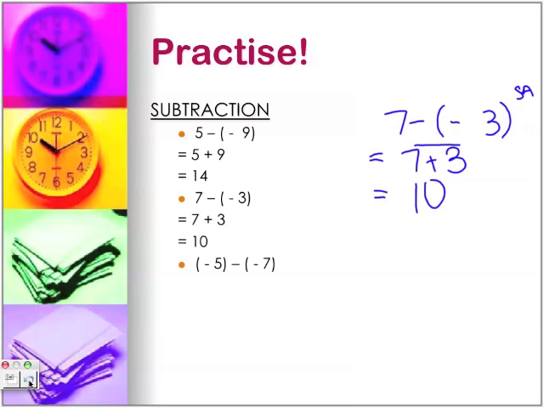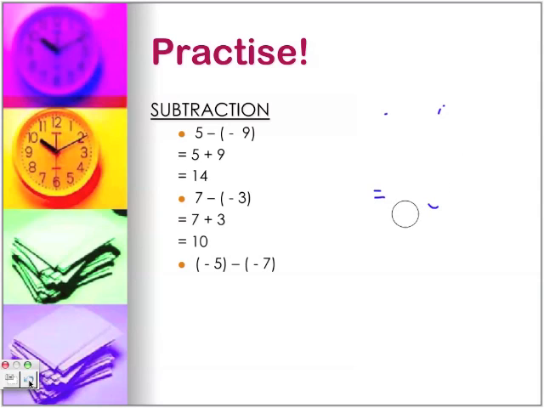Now here's a kind of confusing one. So what's your first step?